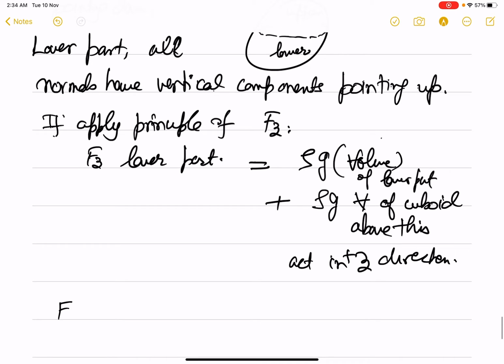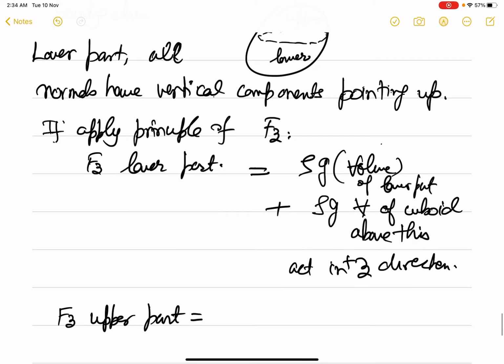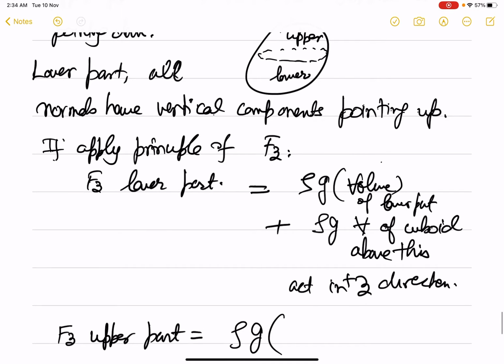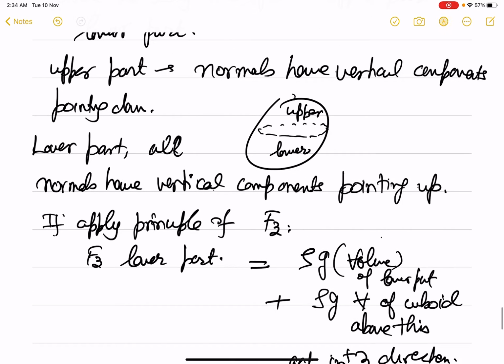And if you find Fz on the upper part, this will be equal to rho g times volume of the upper part. And you actually will go from this surface to the top.